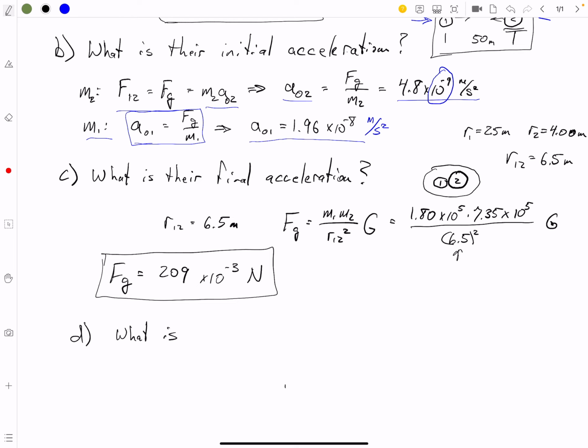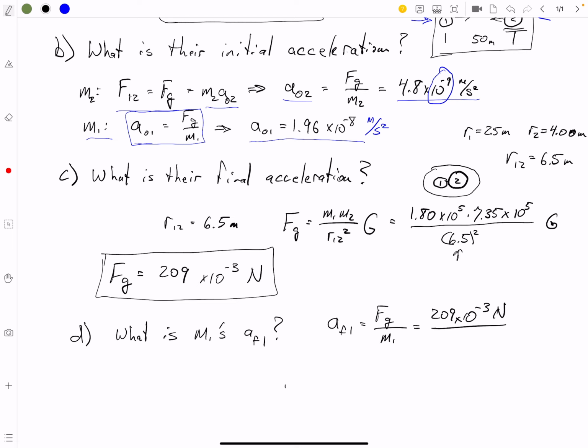What is M1's acceleration as they're about to hit? So this is the final of 1. Okay? So let's do the same thing. We're going to say that A final of 1 is equal to our force of gravity divided by m1, and 209 times 10 to the minus 3 newtons, and we're going to divide that by m1.